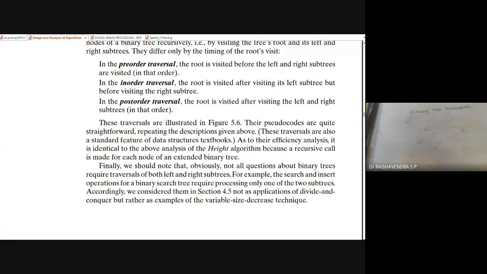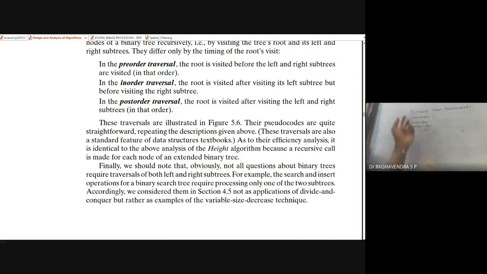Thank you. So there are three types of traversals. First one is called pre-order, second one is called in-order, and third one is called post-order. Can anybody give me the traversal of these three?